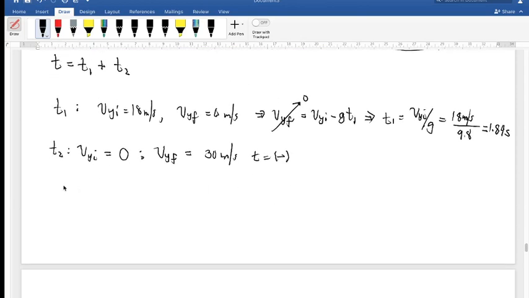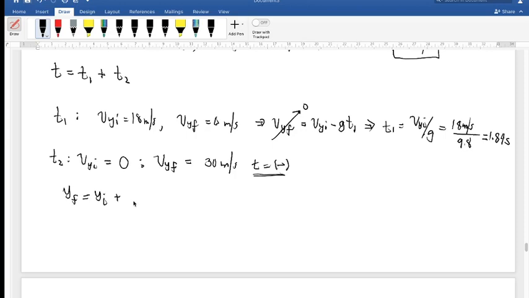So we have here yf is equal to yi plus, again, hindi ito physically correct yung time was negative kasi time is always positive running forward. So we have vyi t minus 1 half gt squared.